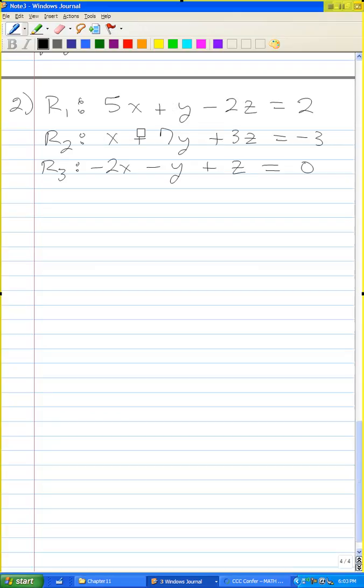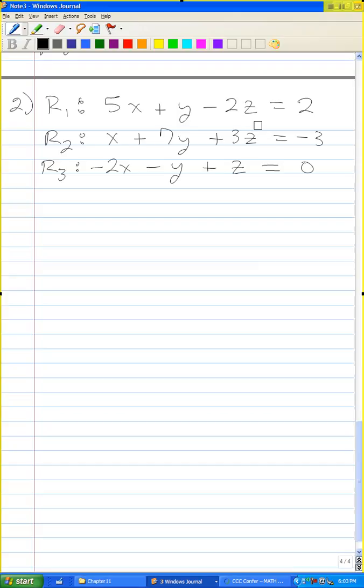So now the default is to look at which ones are easier to eliminate. And so in this case, I have a 5 and a 2, not as easy. A 1 and a 7, well, I can eliminate the 1 easy. Unfortunately, 7 is kind of a big number. A 2 and a 3, again, so either eliminate the y or eliminate the z.